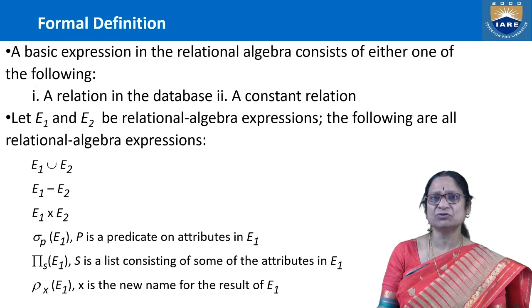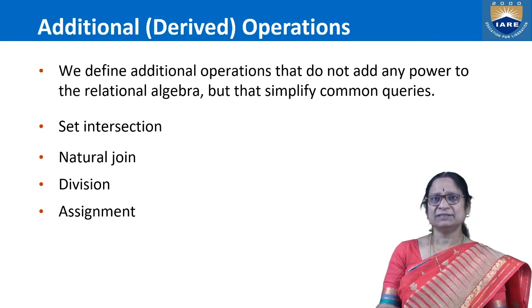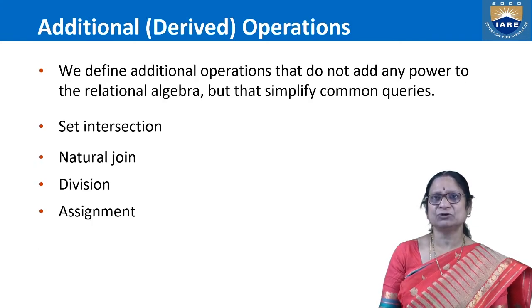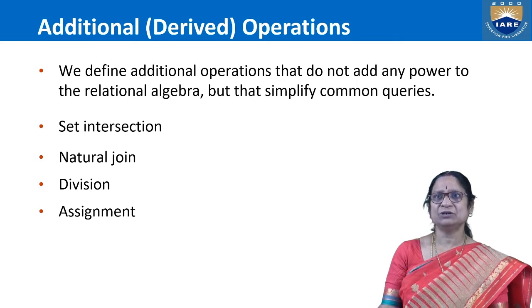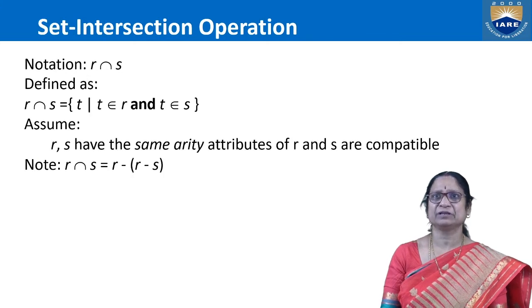Even renaming just renames the existing relation, so with that new name the relation can be accessed further. Based upon these six basic relational operators, the additional operators intersection, natural join, division, and assignment can be defined.